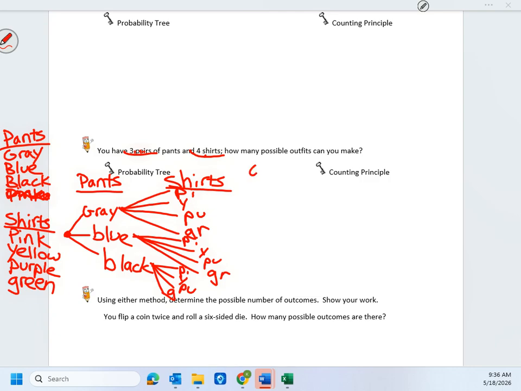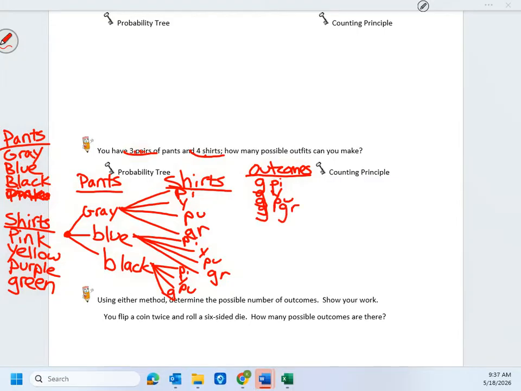Now, we need to figure out how many outcomes that is. We could have gray and pink, gray and yellow, gray and purple, gray and green.